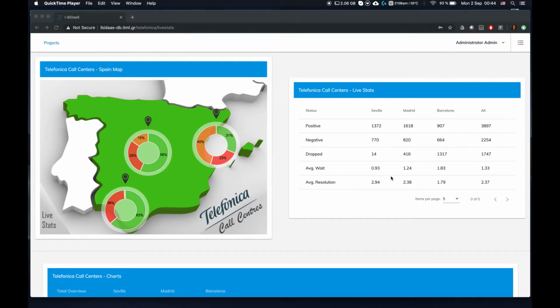On average, callers have to wait longer for the call center in Barcelona and much less in Sevilla. That might also explain the high percentage of dropped calls. We also see the average time required to resolve the problem in minutes. So these two provide, I would say, complementary information.